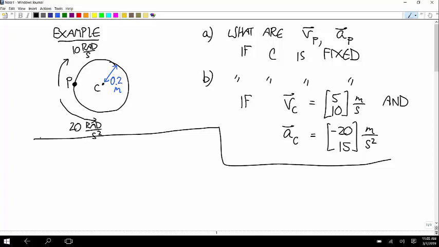For us, if it's going clockwise at 10 radians per second, then that's an angular velocity of negative 10 radians per second, because the clockwise puts that negative sign on it. So when I ask for the angular velocity and angular acceleration vectors, I'm just asking you to put the signs on it.